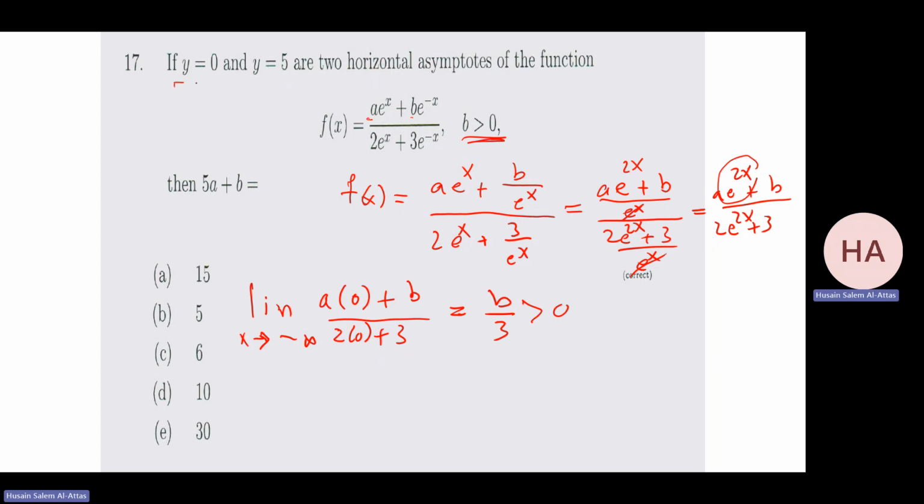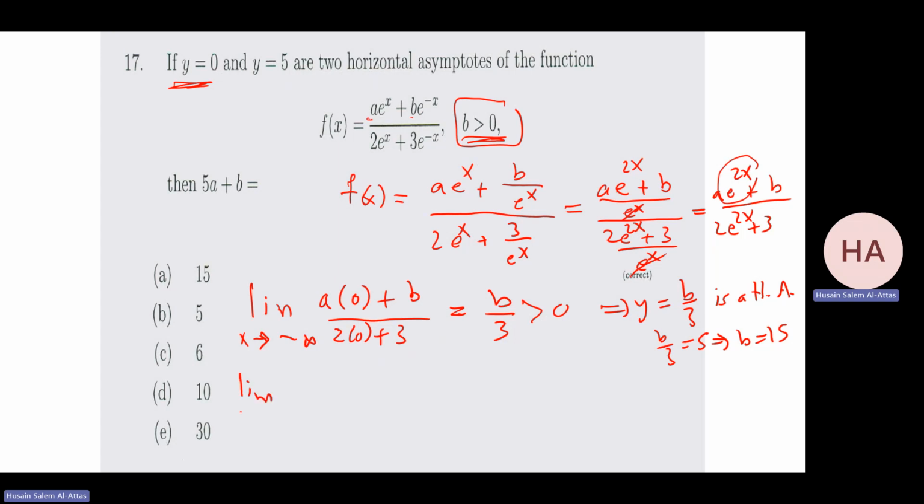He gave me one of the values, y equals 0. So I have y equals b over 3 as a horizontal asymptote. Notice, I will take 0 or 5. I cannot take the 0, because if I take the 0, that means b equals 0, but he said b should be positive. So it means b over 3 should be equal to 5. So b equals 15.